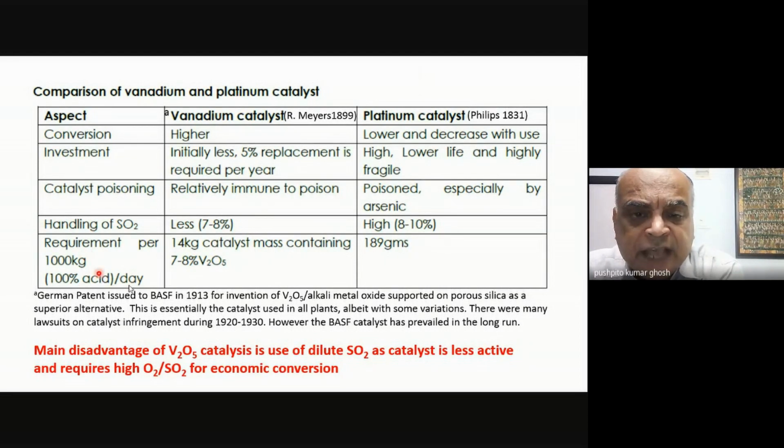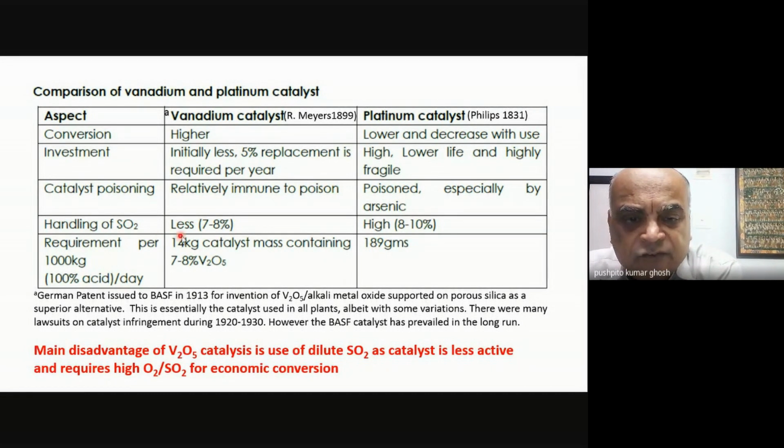Another is that, in terms of the actual catalyst, you need 189 grams of platinum, although nobody just uses platinum like that. Platinum is invariably put in a support. So if you add the weight of the support, then that weight is not going to be 189 grams. It will be much more than that.